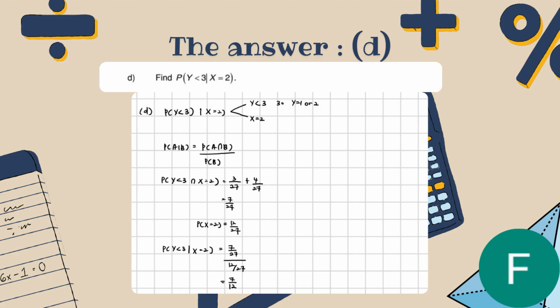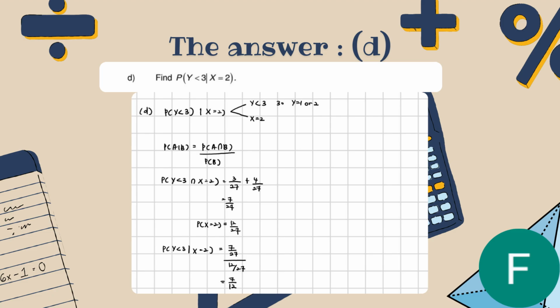Next, I find the probability that y is less than 3 given that x equals 2. I use the conditional probability formula, which is probability of A given B equals probability of A intersection B divided by probability of B. Here, y less than 3 means y equals 1 or 2.